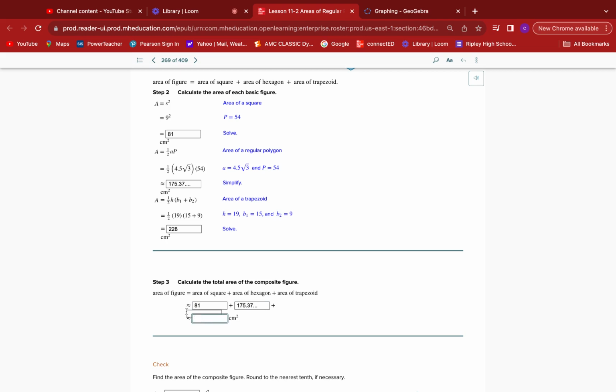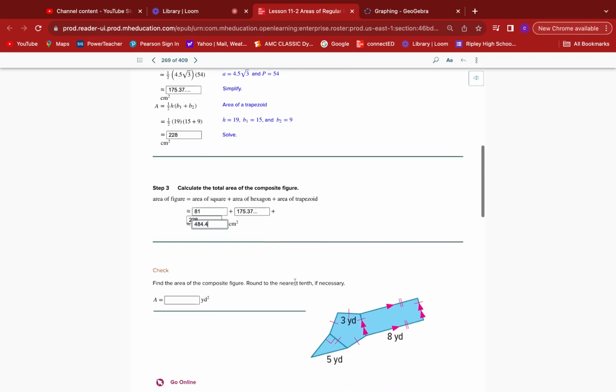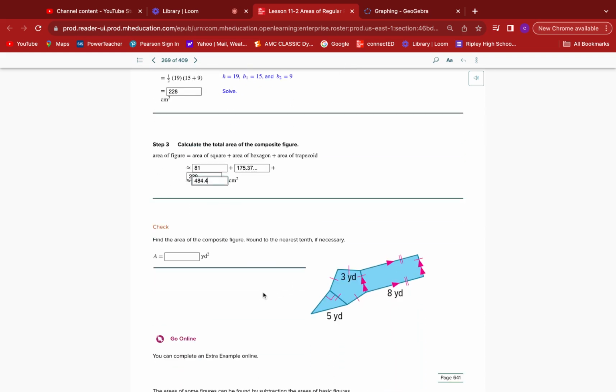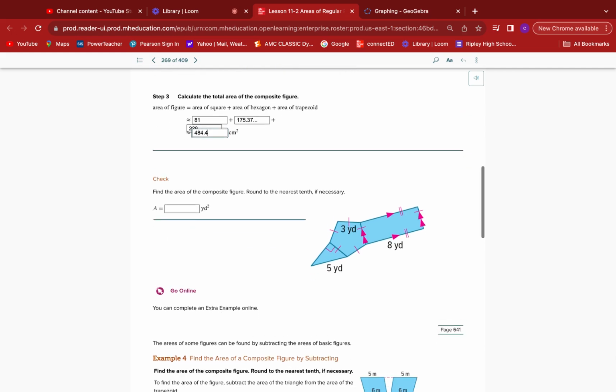You can't even see my 228. It's there. My apologies. Add them together. All right, looks like I got approximately 484.37. The 7 is going to make the 3 round to a 4. So it looks like I got 484.4 square centimeters.